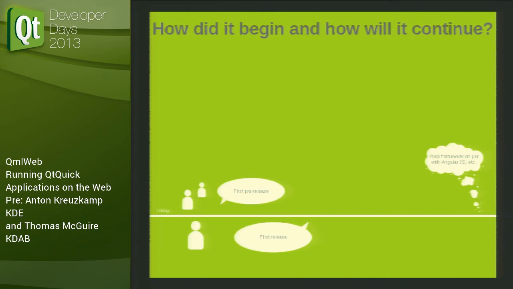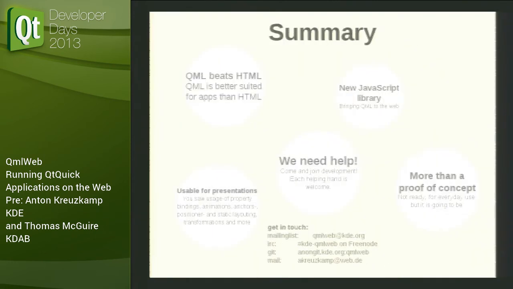But the main goal is to do a web framework that enables you to create a web application that you create for the web and maybe for the web and the desktop with QML. So it's possible that you create one application using QML that you are able to run on the desktop and on the web. But the focus is that it just works, but it is at first that it is possible to write the applications for both.